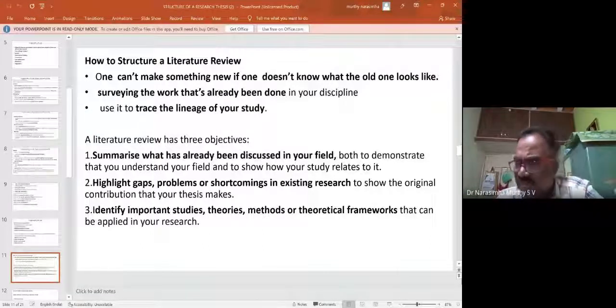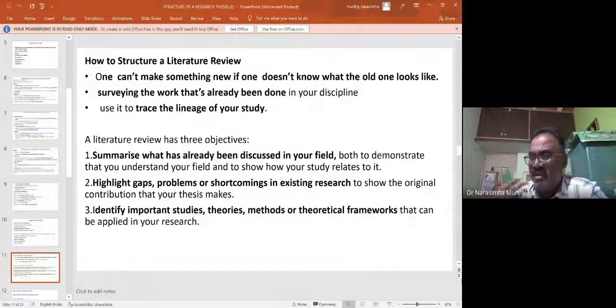You can find out. For example, I was talking about Shakespeare. Even today it is relevant, because Shakespeare's thoughts, ideas and writings are relevant forever. So when you write a literature review, think of these things.